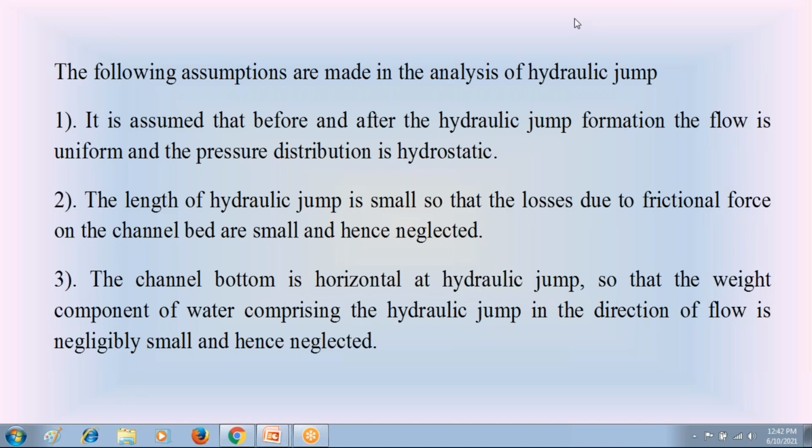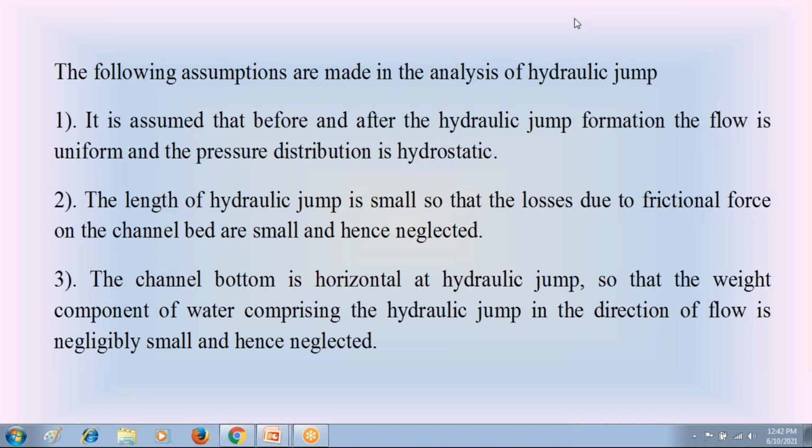So we are going to study this hydraulic jump, and analyze it by using other mechanisms. I will explain those mechanisms, which we are going to use in the analysis of hydraulic jump.